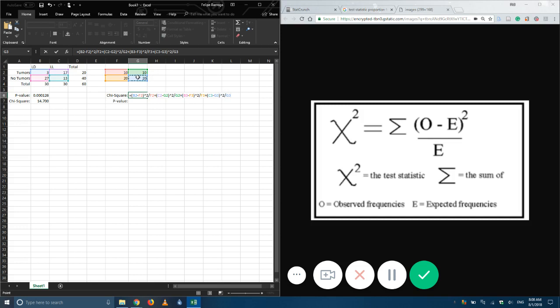Okay, so that's all of my values there. I'll hit enter, and that's my chi-square value. As you can see, it's the same one that I got here using that formula function.